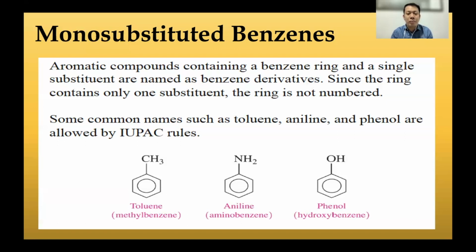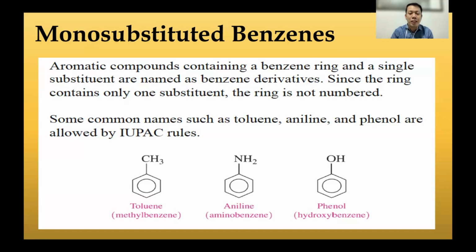On the third, on the other side, you have here phenol. So there is a benzene ring again, but this time the one that is attached is OH. Okay, so it is phenol in common name, but its IUPAC name is hydroxy benzene.